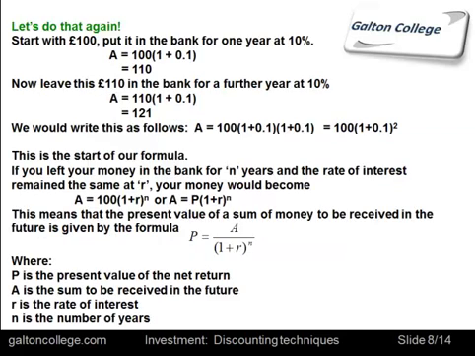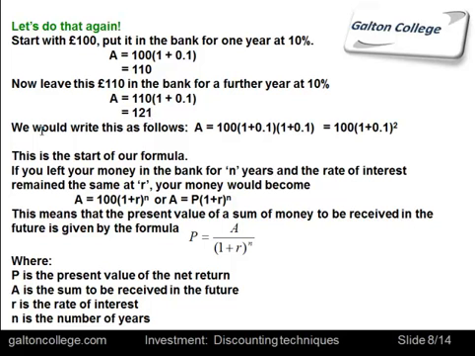Let's do that again. Start with £100, put it in the bank for 1 year at 10%. The amount we get back is equal to the principal, £100, that's what we put in, times 1 plus the rate of interest, 10%, 0.1, £110. Now leave the £110 in the bank for a further year at 10%, and it'll become £121.